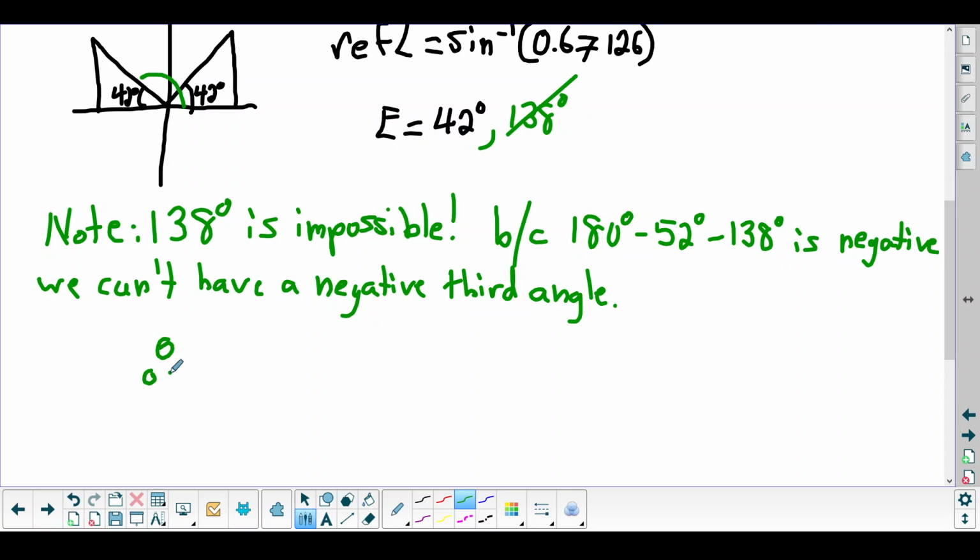So therefore, the angle at Eve is 42 degrees. All right, that's it.